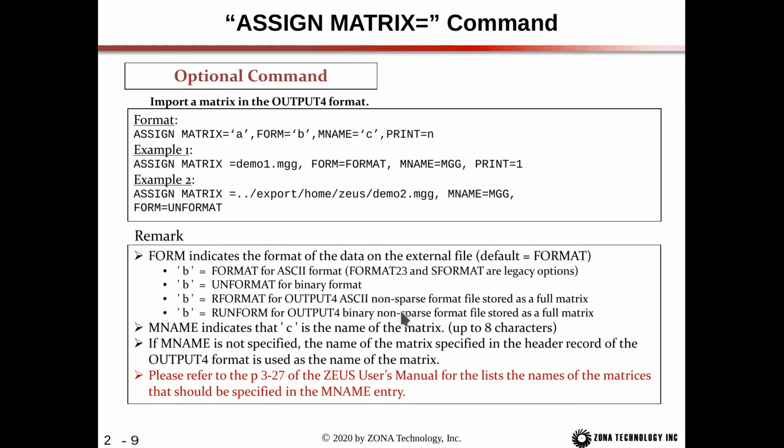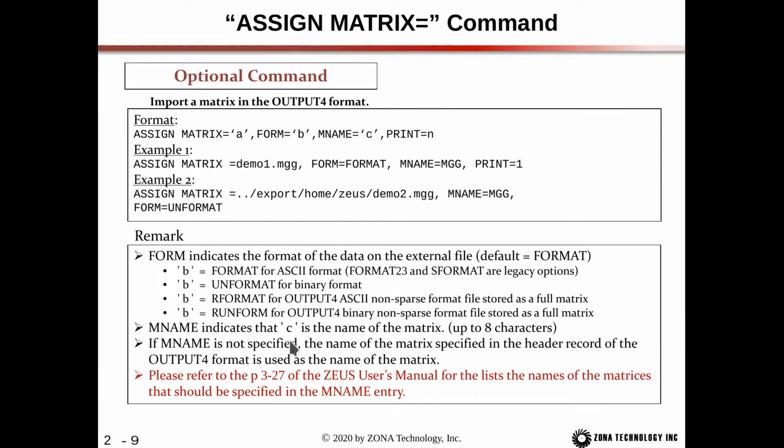So in the case of huge matrices that are stored in the non-sparse format, using R format and R unform will be faster than using format or unformat. For smaller matrices, it doesn't matter, and you can just use format or unformat.